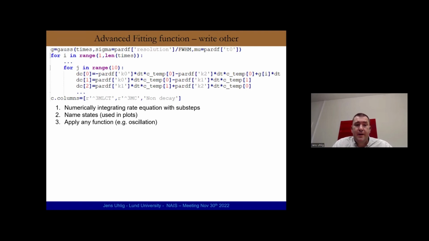One can apply oscillation functions for coherent beating or similar processes. One can use, instead of assumptions, for example, here the assumption is I use a Gaussian pulse shape, I can write any other function in there, or I can use a measured function, for example, autocorrelation. One can combine different types of measured data.